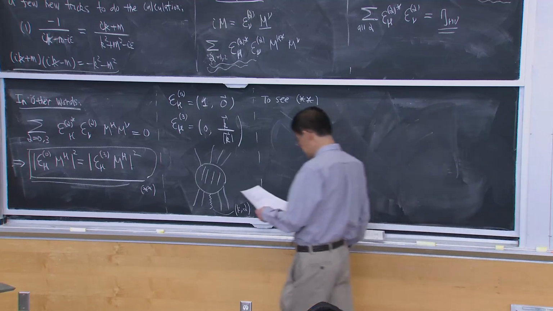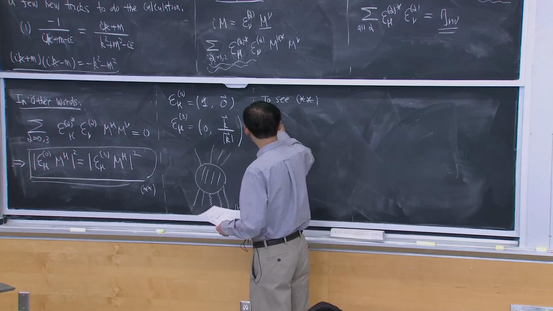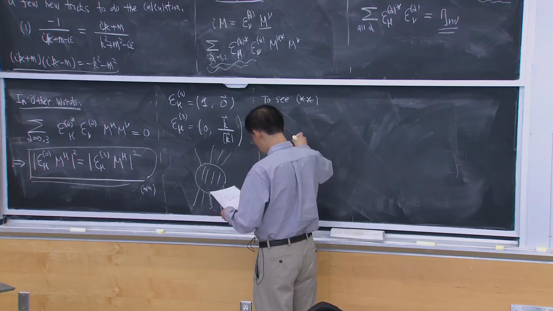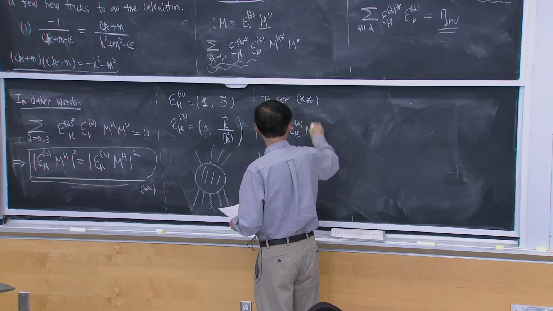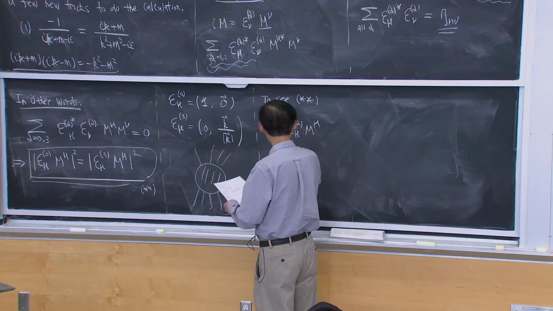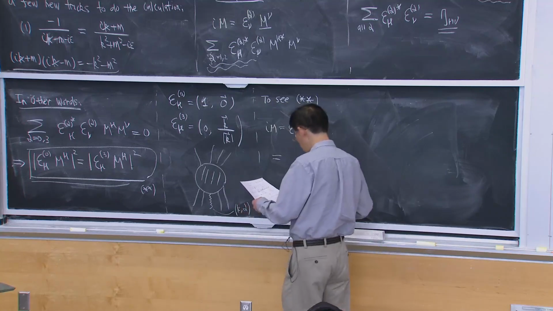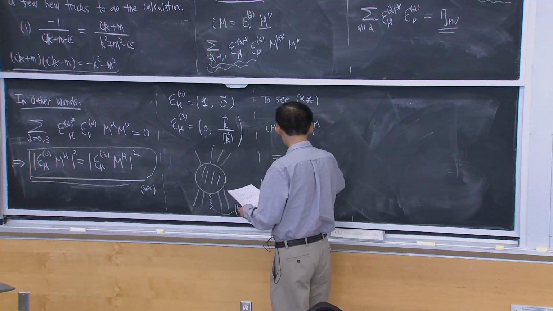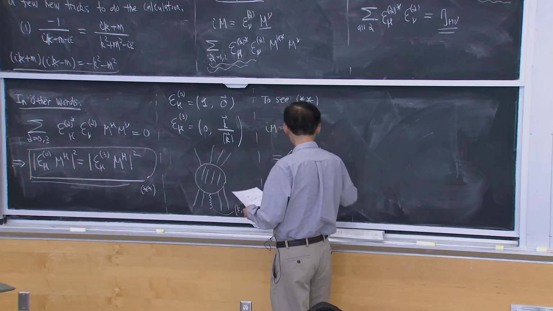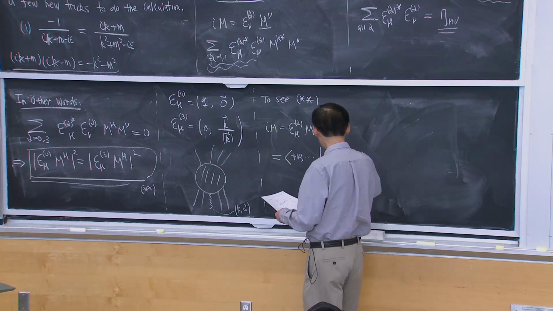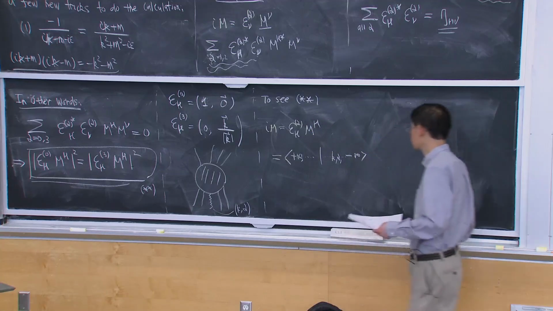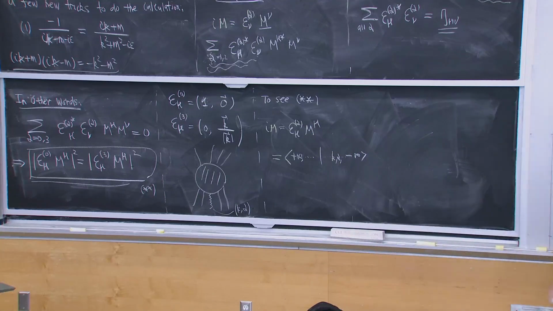And so now the amplitude becomes M mu, as you have some final state and then some initial state, but within the initial state there's a k alpha state corresponding to the photon.